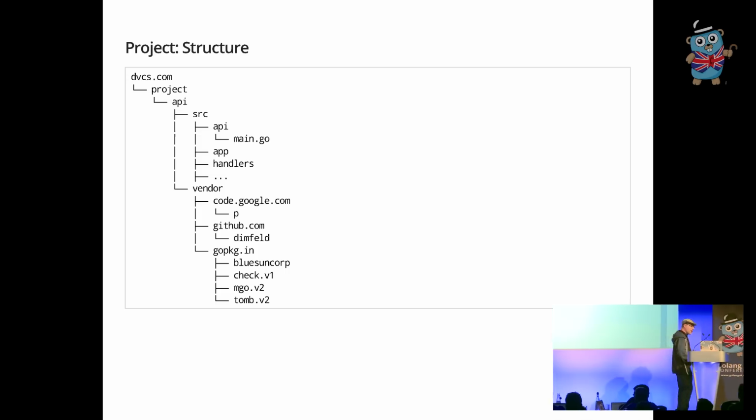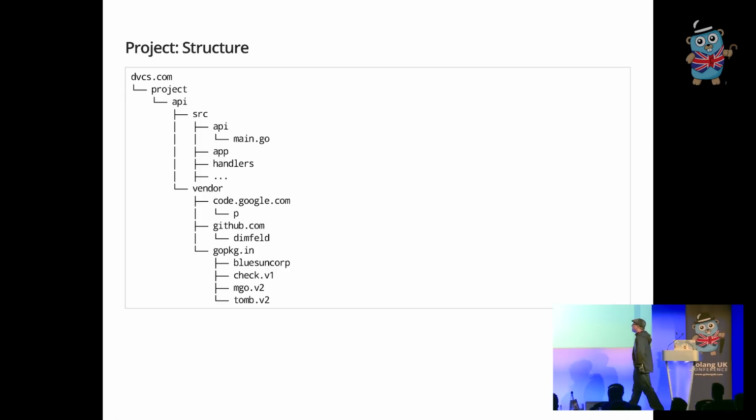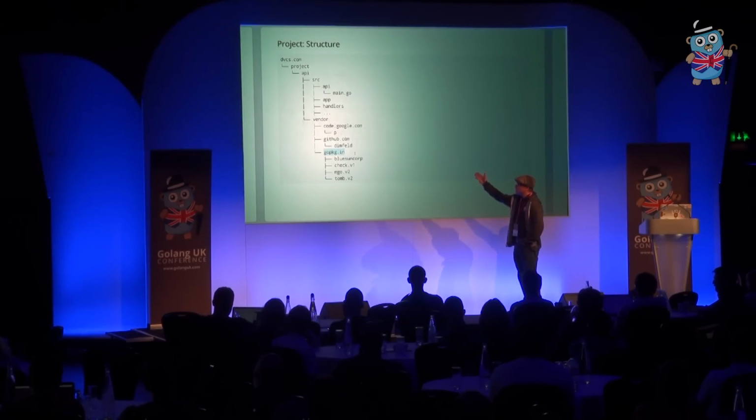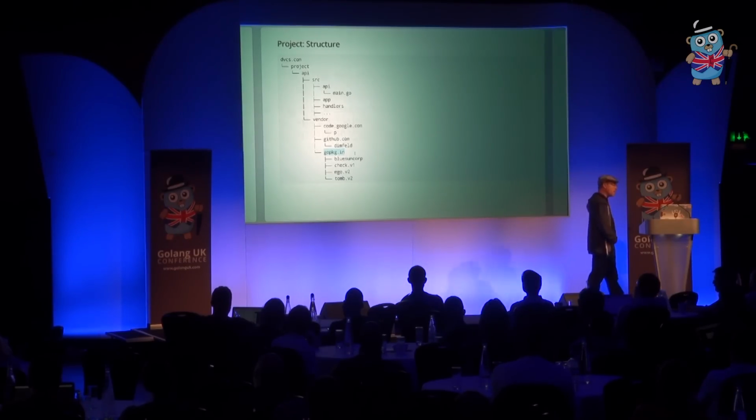Everything that we're using as a dependency falls right under vendor. And we maintain that URL for each dependency, whatever it is, right under there. And we maintain our own little vendor file that gives us information on commit IDs and stuff. We do that manually. All of that could be scripted out too.